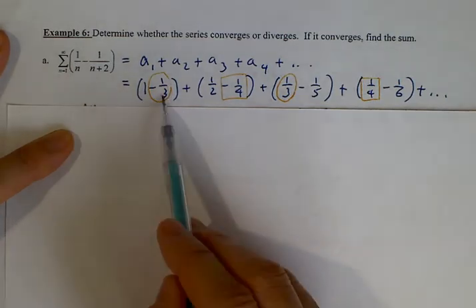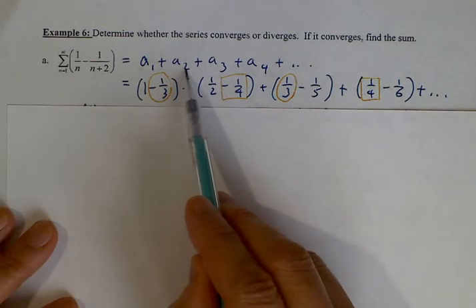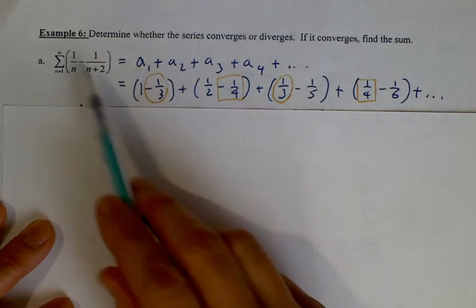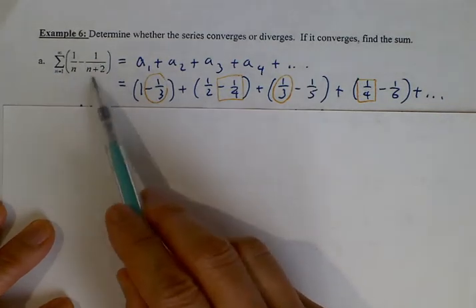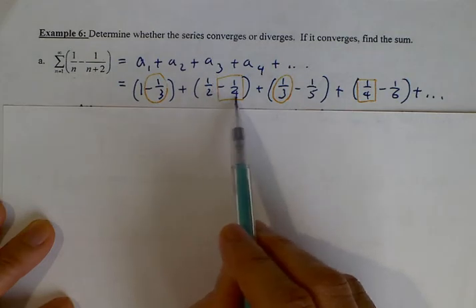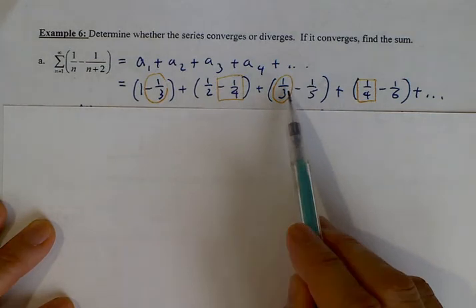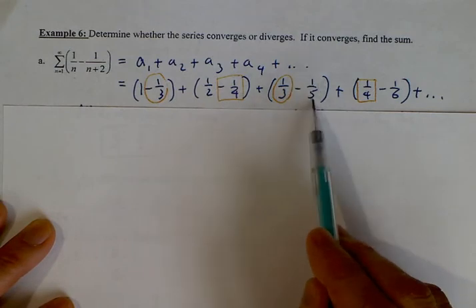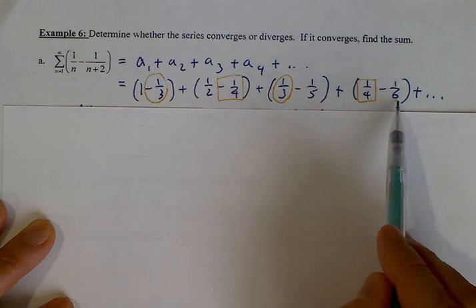So there's the first. And then for the second term, when n is equal to 2, it'll be 1/2 here, and then you have 1/4 here. So it's 1/2 minus 1/4. And then using the same procedure, a sub 3 is 1/3 minus 1/5, and then the fourth term is 1/4 minus 1/6.